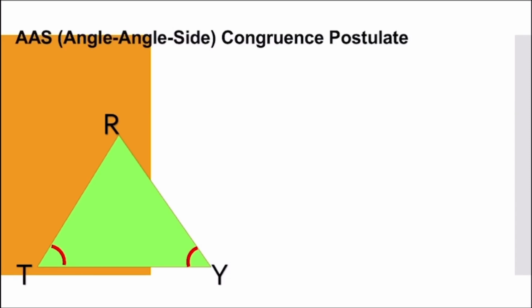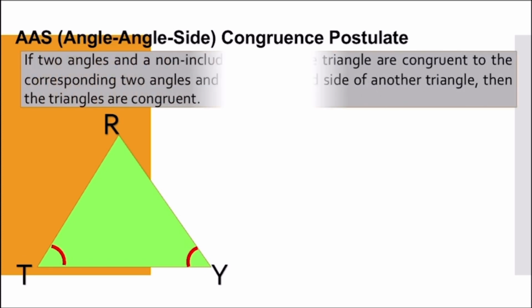Based on the definition, if two angles and a non-included side of one triangle are congruent to the corresponding two angles and a non-included side of another triangle, then the triangles are congruent.